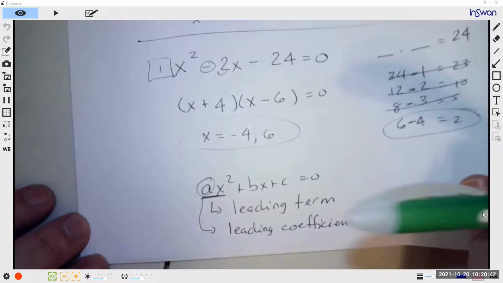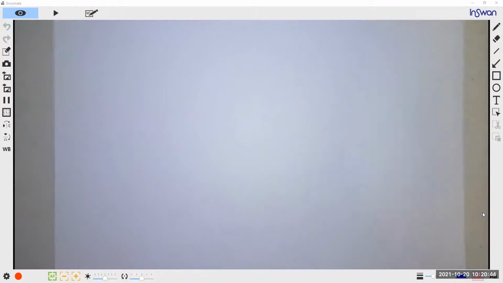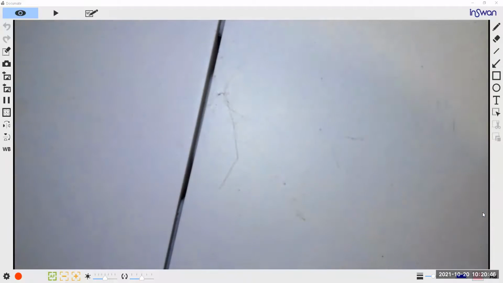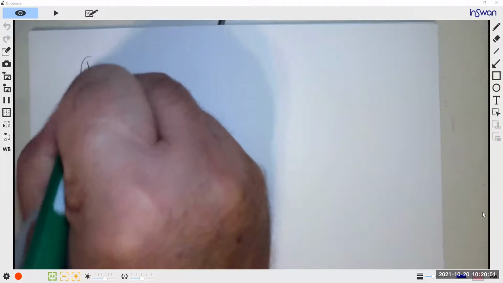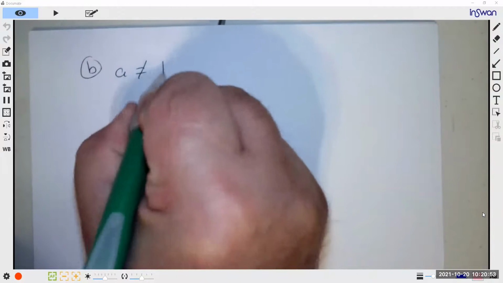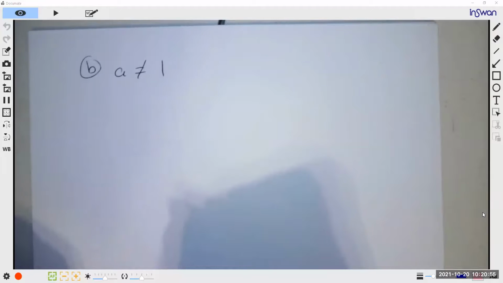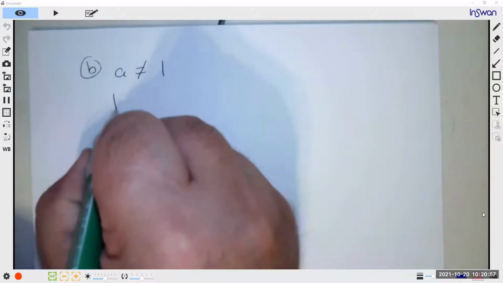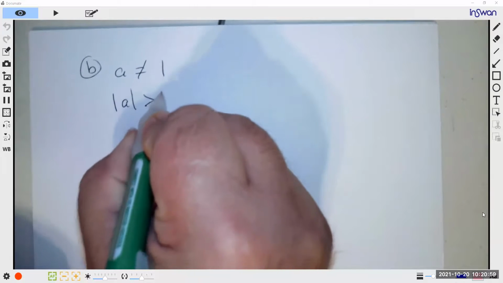Now comes the hard part. For some, not when I teach it. People have most trouble when A is not equal to 1. Or the book says absolute value of A is greater than 1.